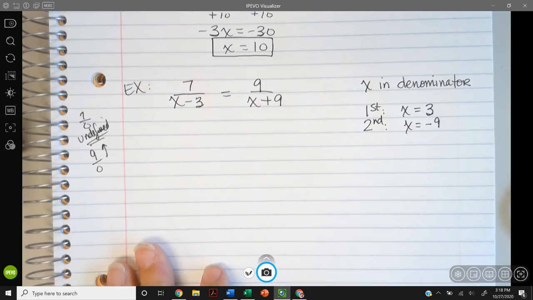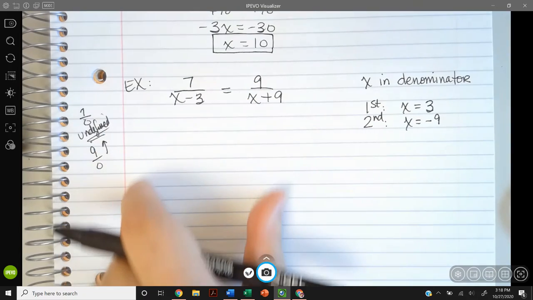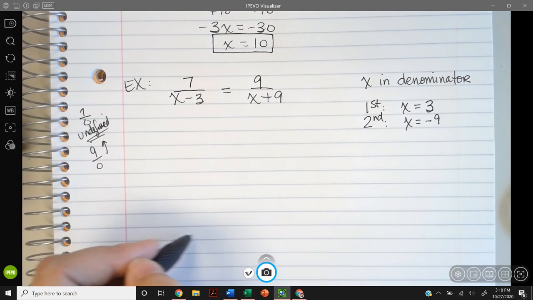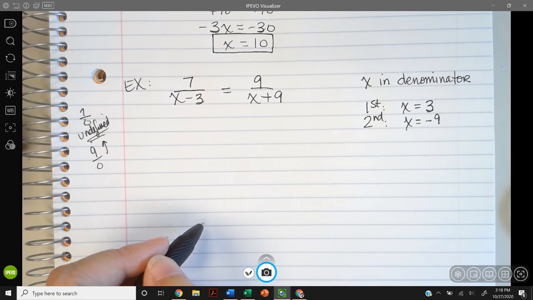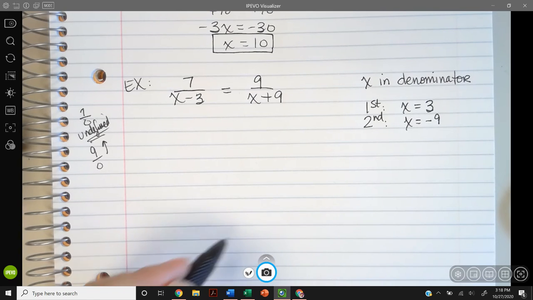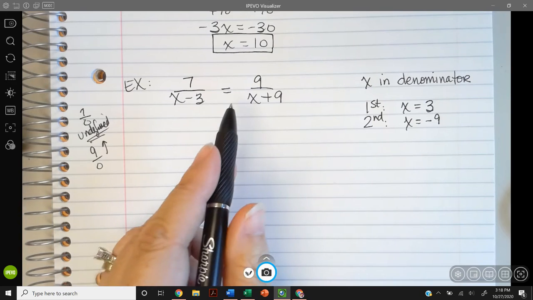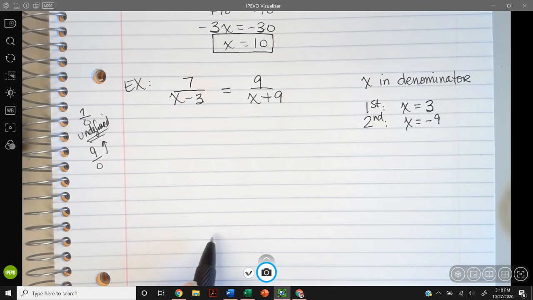So if I solve my equation and I get down to the bottom and the answer is x equals 3, my final answer will be no solution. If my answer is x equals negative 9, my answer would be no solution. Now, this doesn't happen as often as you think, but it can.